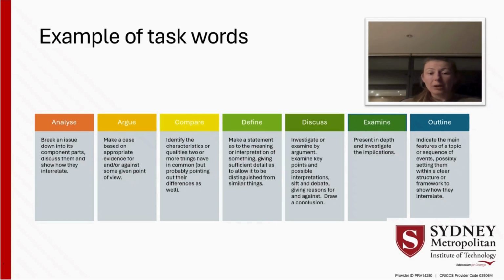If you, for example, are asked to discuss, and then you go into comparing something, of course, that is going to have a huge impact on what you do within that essay, and it's not going to align with the marking criteria that the lecturer is using.